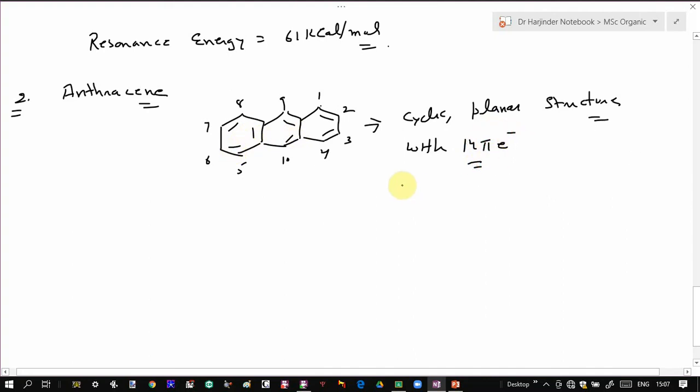So it satisfies Huckel's 4n plus 2 pi electron rule for n equals 3, and it's an aromatic compound.